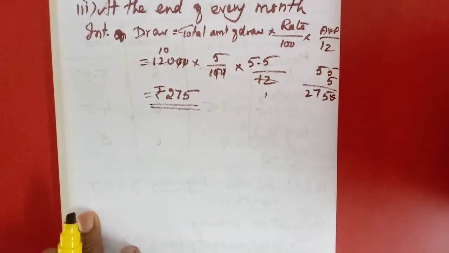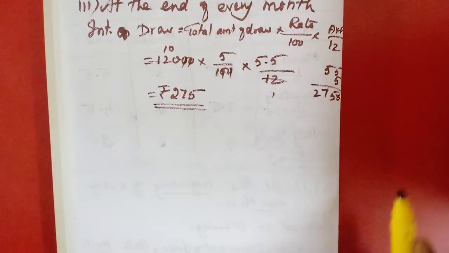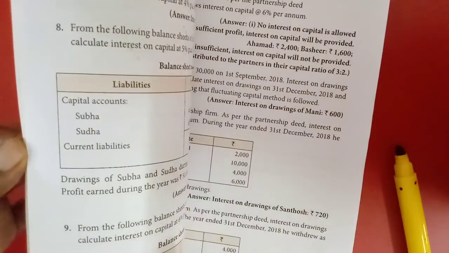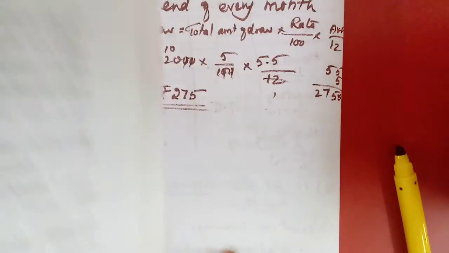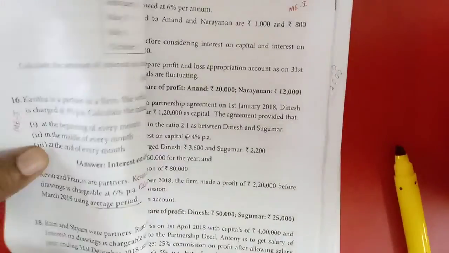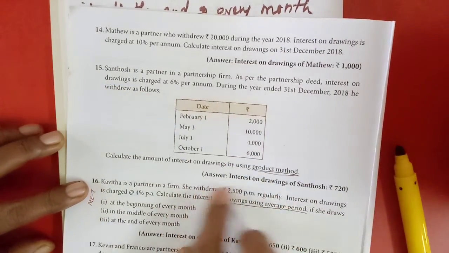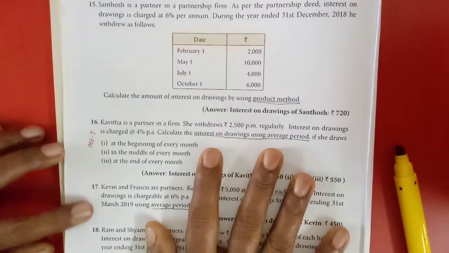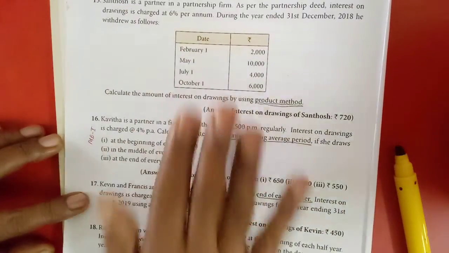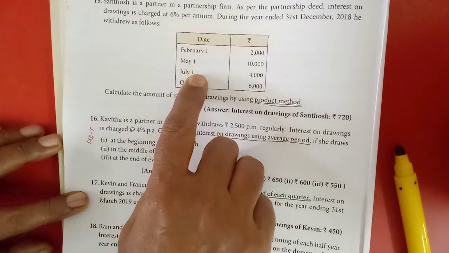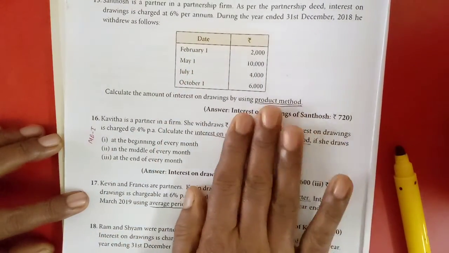Okay. I think you might have understood this one. That table only you have to learn. Now I will tell you the homework that you have to do. The same illustrations, same exercises we have to do. Up to 13th, 14th we have completed, isn't it, yesterday? So today 15, which method? Product method. The same model only, but the month is a little different.